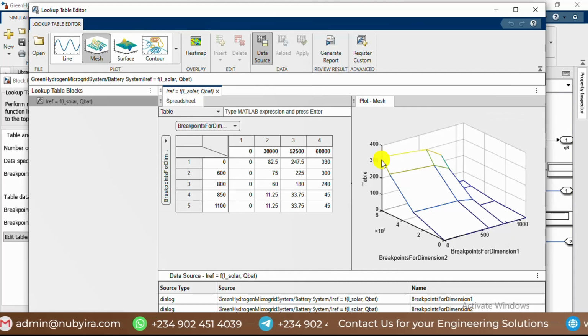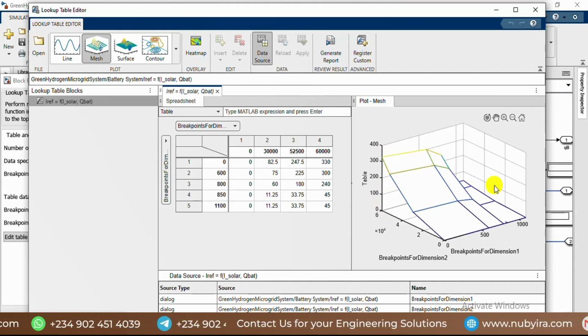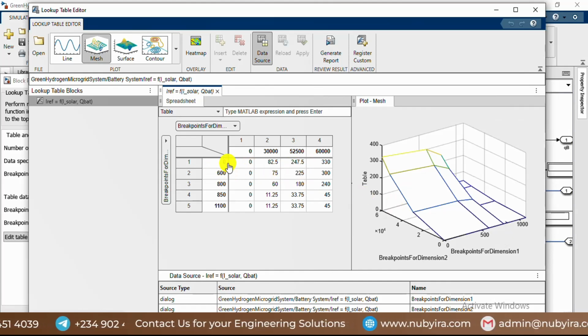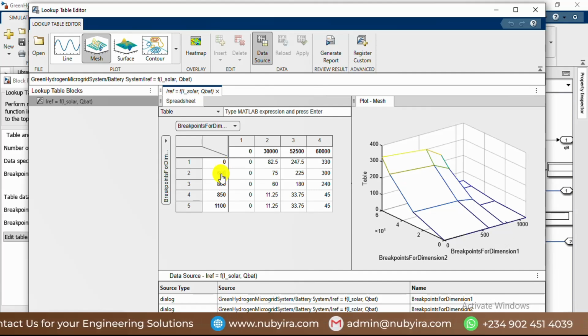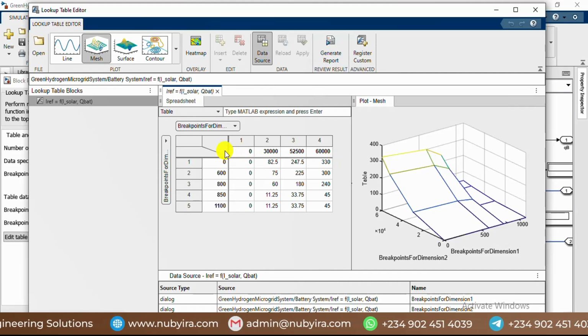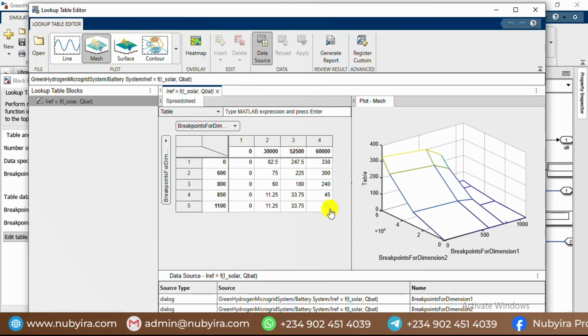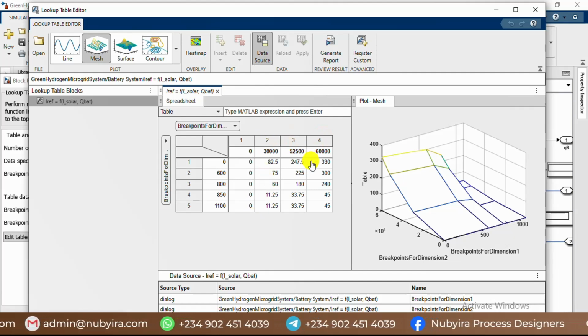So you can see this is 300 when you have high battery capacity and high solar and high voltage. Then as you are moving to lower energy, okay, this one is for lower current, you have 330 that the battery is going to be supplying, and when you have high current, it's going to return to 45. So as you are going down, when the battery is getting lower, it's going to be reducing.